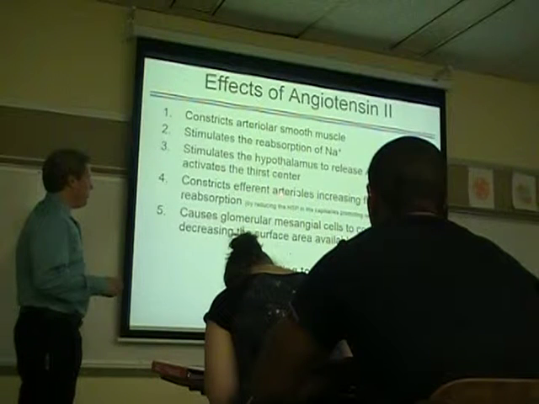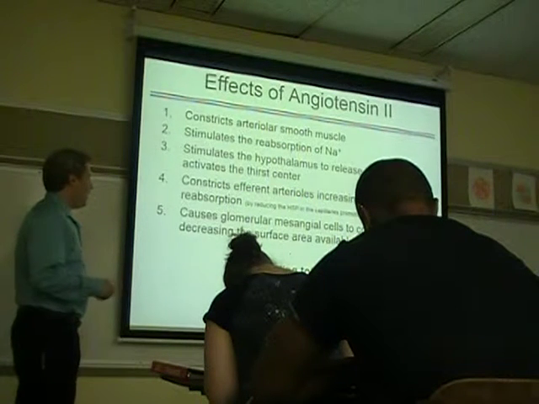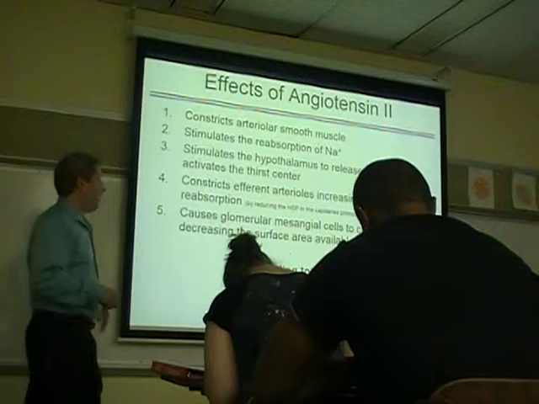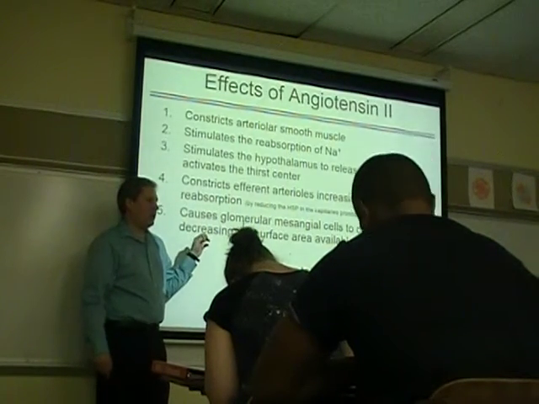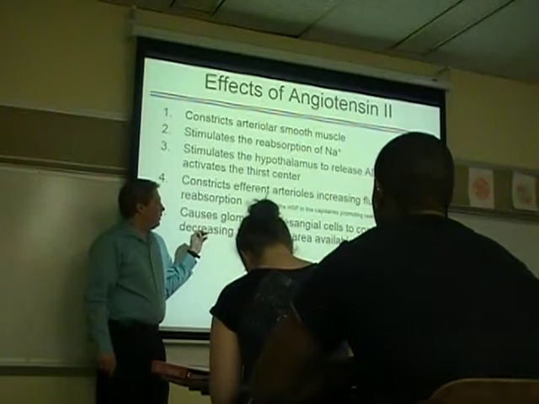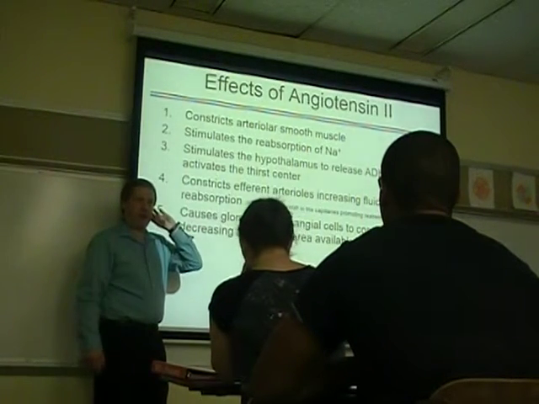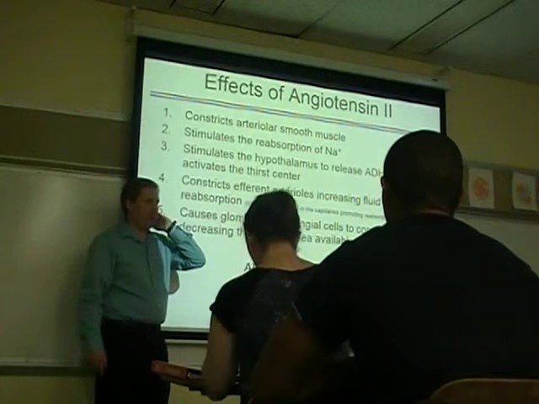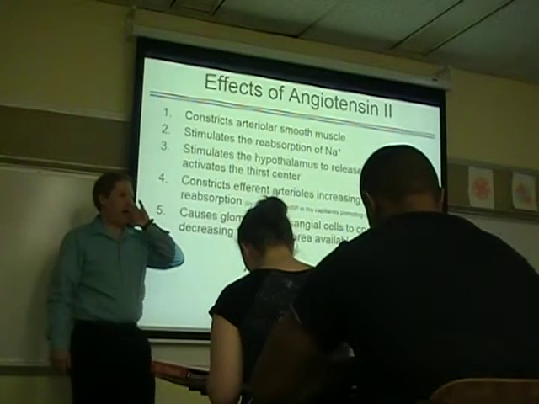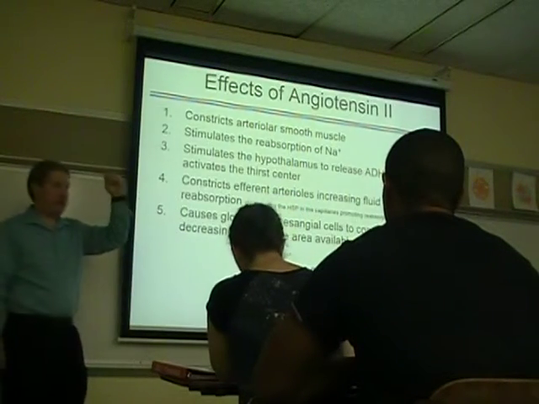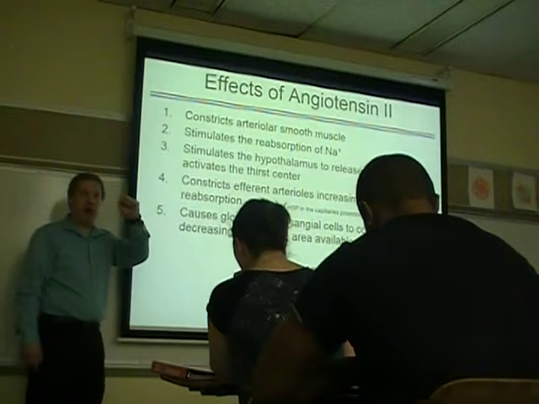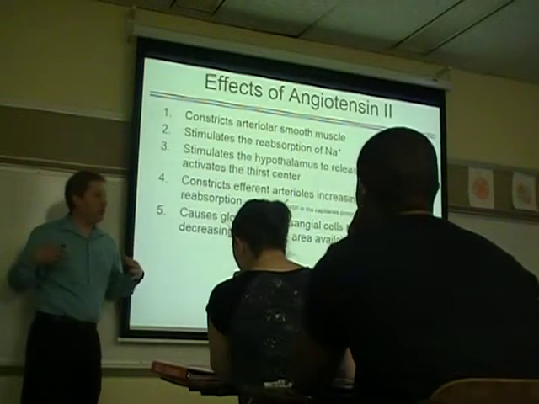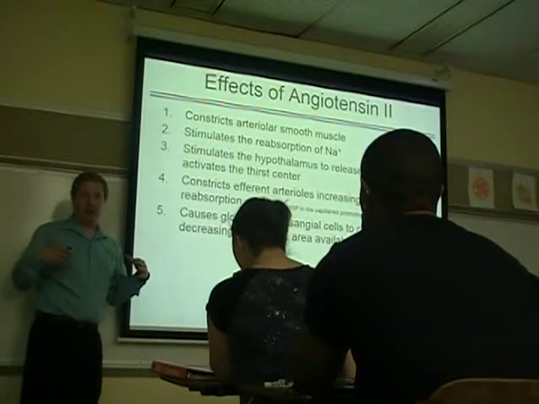Constricts efferent arterioles, okay? Increasing fluid reabsorption. So if we know that the efferent arterioles are giving rise to what vessels? Efferent arterioles give rise to what capillaries? The vasa recta and the peritubular capillaries. If we reduce the efferent arteriole, okay, reduce that size, now we have an increase in reabsorptive capability, which will occur in those capillaries.